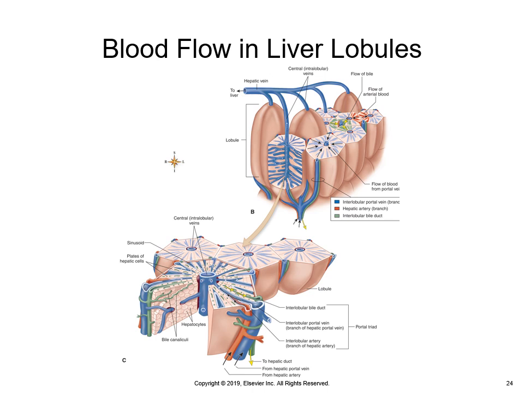Now in this diagram, we're looking at blood flow in the liver lobules. So this is like a microscopic view of those lobules that we talked about. So it tries to show us the direction of the blood flow and also how bile moves.